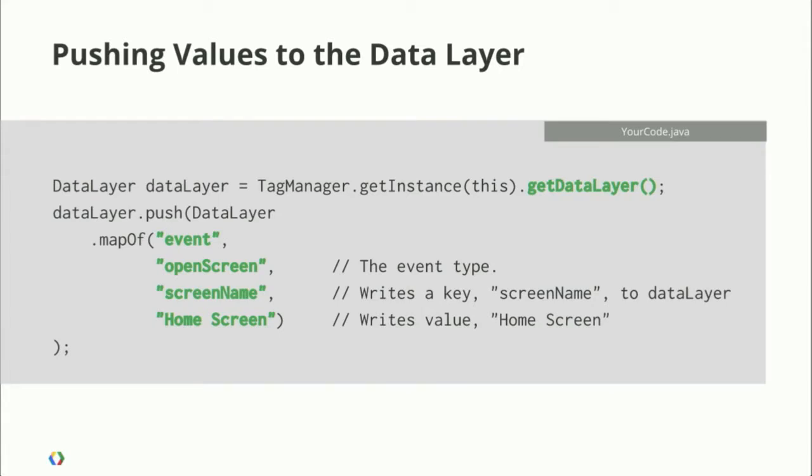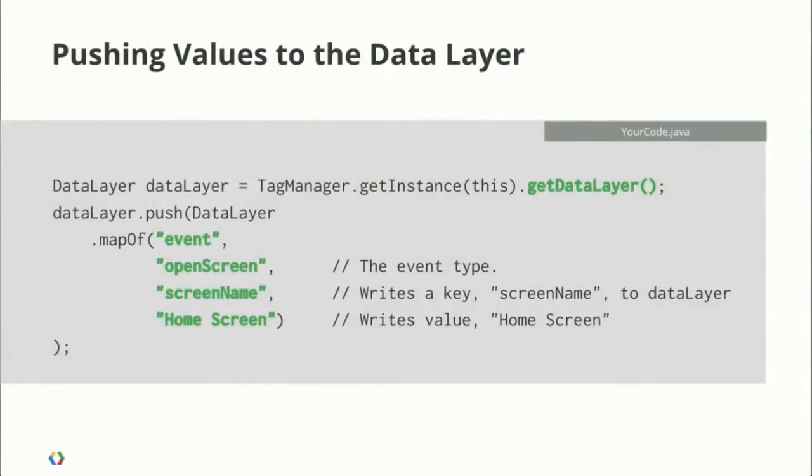So an event is a map of values, one of which has the name event. That's really what makes it different from any other data layer push. And then once an event is pushed, any associated tags that have been registered for that event will get executed.